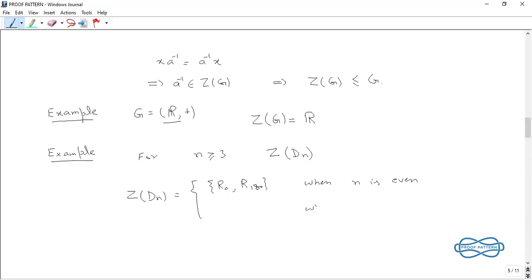And if n is odd, then the center is only the identity element.